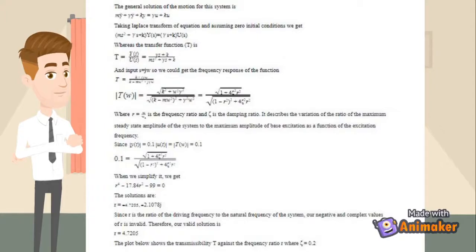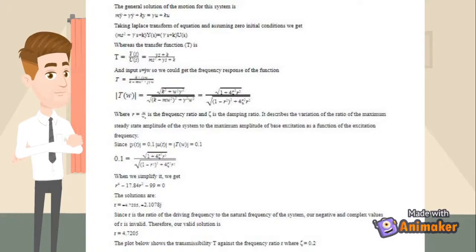T is equal to k plus gamma j omega all over k minus m omega squared plus j gamma omega, where r is equal to omega over omega n is the frequency ratio and zeta is the damping ratio.